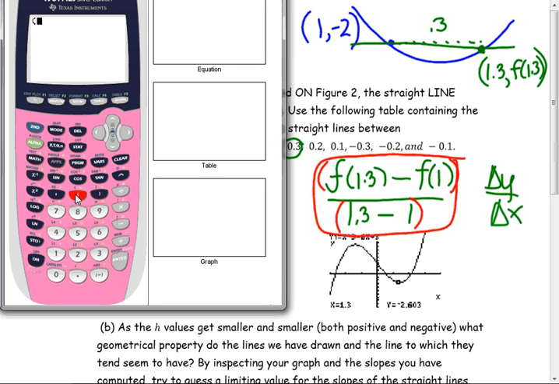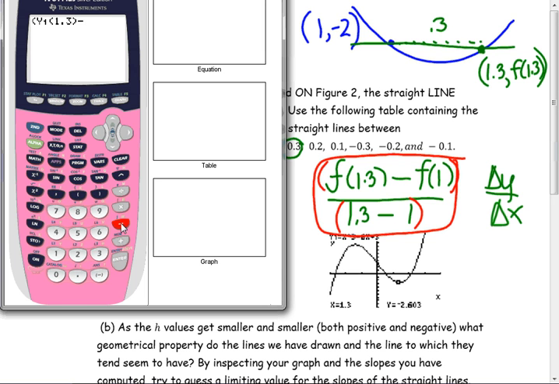Okay, ready? How do I get my Y value? Remember? VARS. And then I arrow to the right, and basically I press enter. Enter, and I want that at 1.3. Now you have to close your parenthesis, minus, I need f of 1. I could put the 2 in there, or, well, you know what, it's a negative 2. Do you want to put negative 2, or do you want the calculator to calculate it?